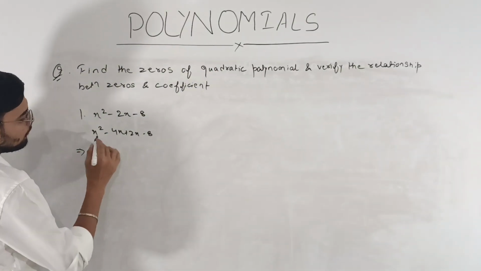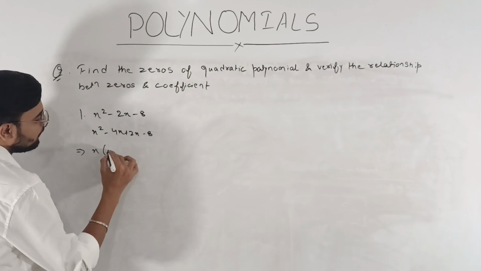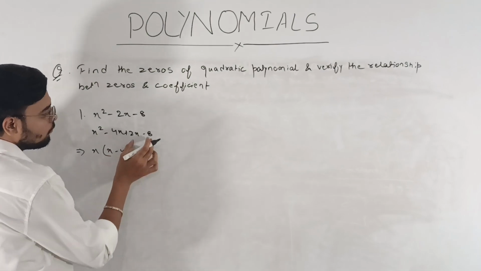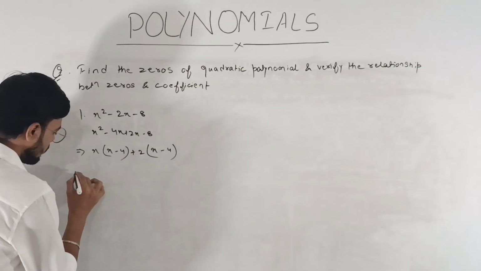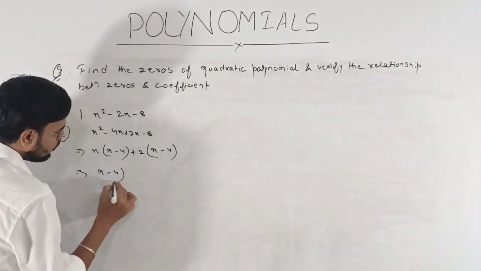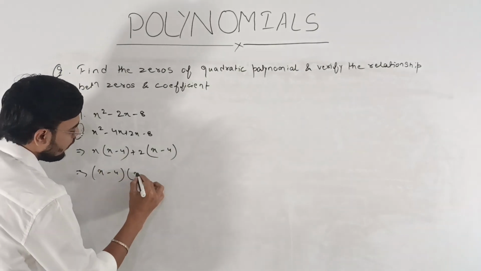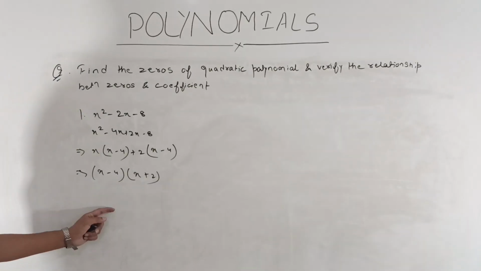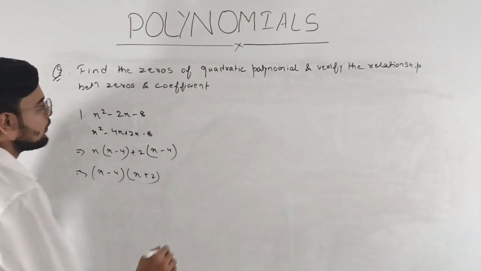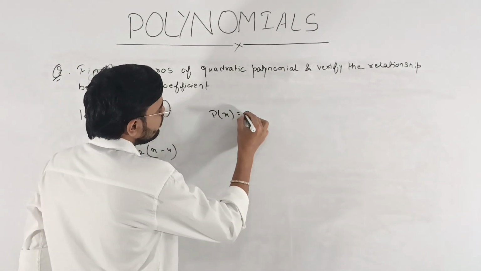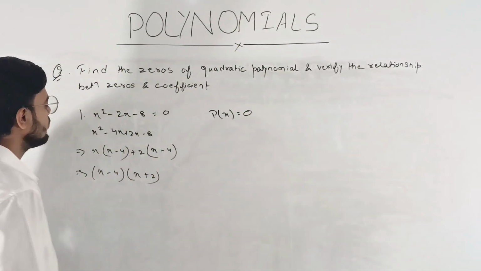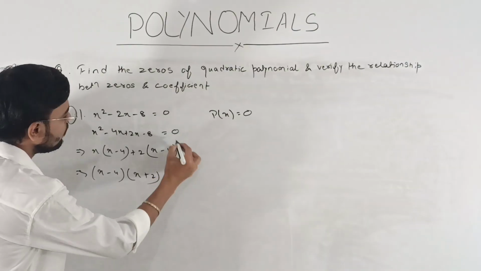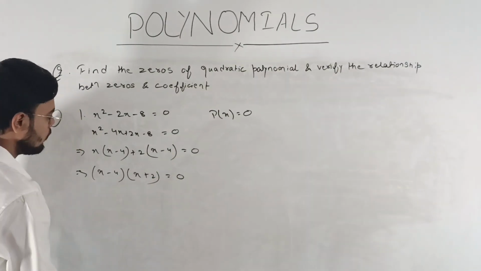From these two we take x as common, then what is left is x minus 4. Now from these two we take plus 2 as common, then what is left is x minus 4. Now x minus 4 is common, then x plus 2 is left. Now for zeros, we set the polynomial p(x) equal to 0.